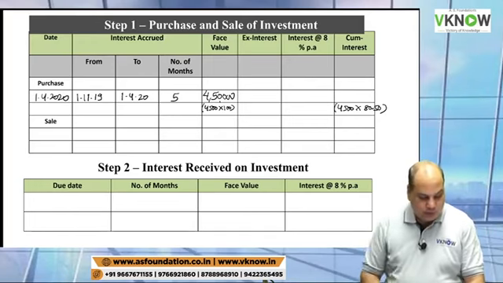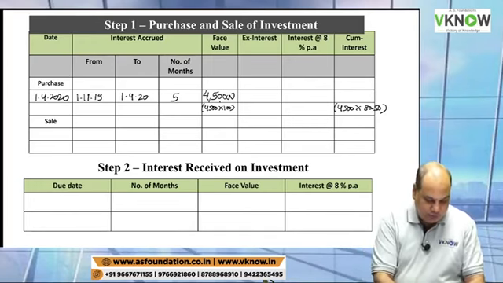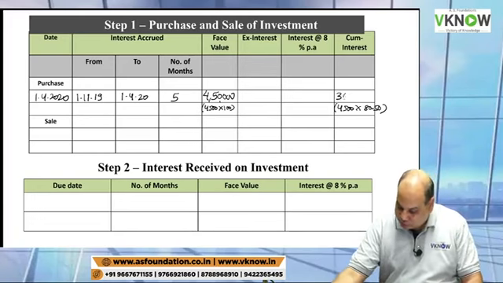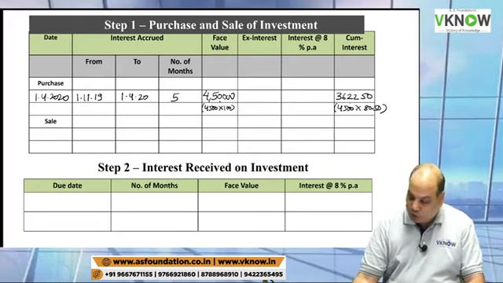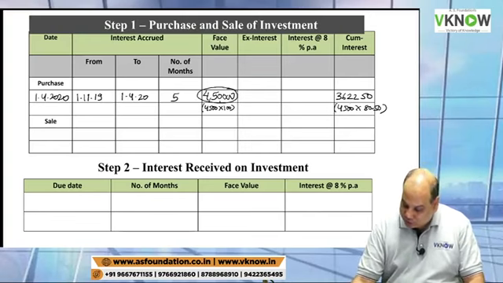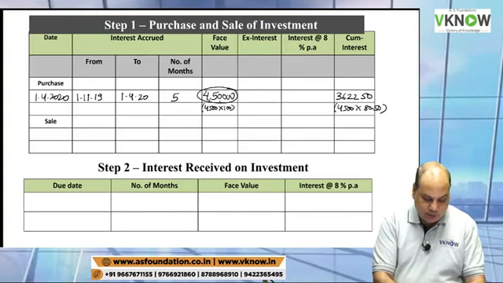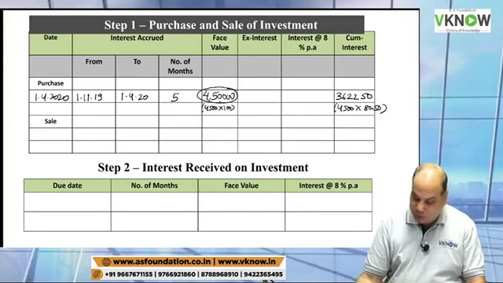Please tell me 4500 into 80.50: 362250. Then you calculate interest on 4,50,000 at 8% for 5 months, which comes to 15,000.